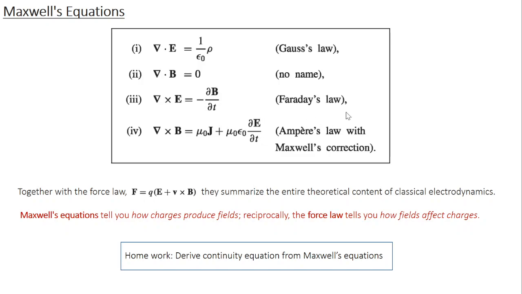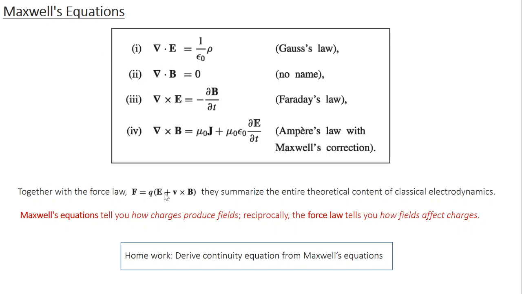So even though the first three equations came into existence before Maxwell's contribution, usually all these four equations together are known as Maxwell's equations, because these three equations became more meaningful after Maxwell came up with this theoretical correction to Ampere's law.